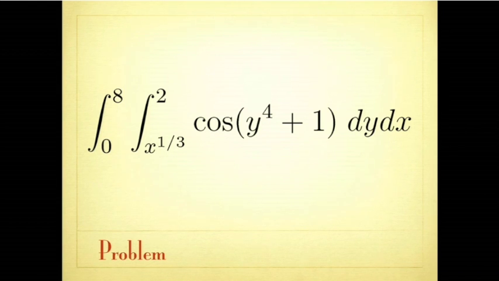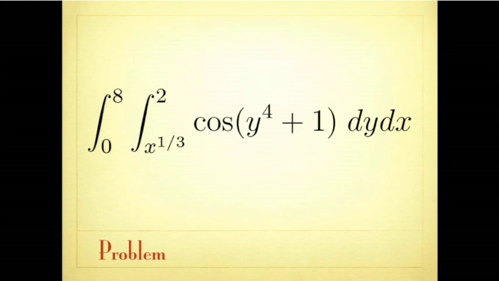And then it goes from x to the 1/3 to 2. X to the 1/3 goes like that, and then goes up to 2. So that's 2 here. And so we have this integral here.